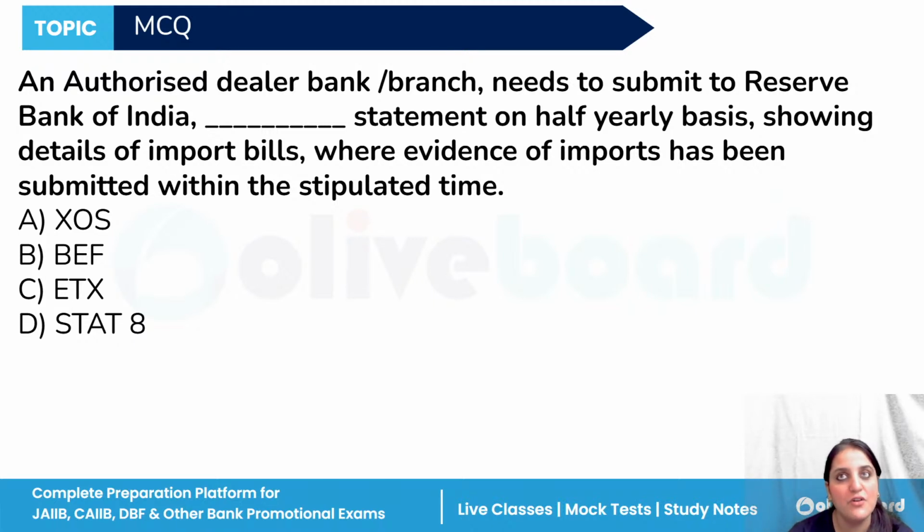If we check this data on the RBI's website, it also shows that BEF, Banking External Fund, is the correct answer for this, because this is the statement on a half yearly basis which basically shows the details of import bills where evidence of import has been submitted within a stipulated time. So here we can say the correct answer is BEF. Understood?